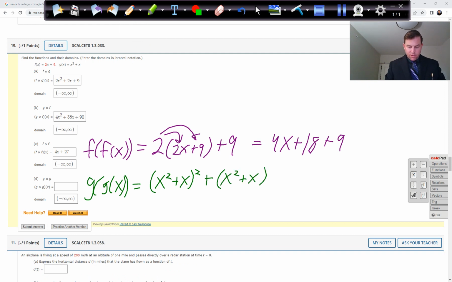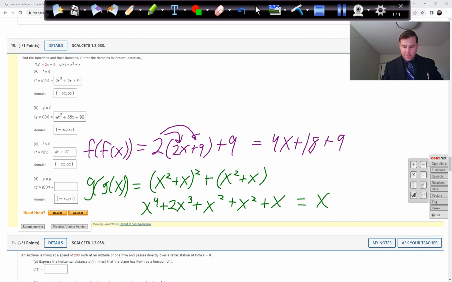And so we're going to FOIL this again and get x to the fourth plus 2x cubed plus x squared plus x squared plus x. I went pretty fast with the FOIL there. You might want to write it out. I just did it in my head quick. And so we're going to get x to the fourth plus 2x cubed plus there's actually 2x squareds there plus x.